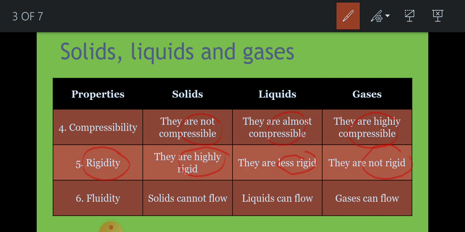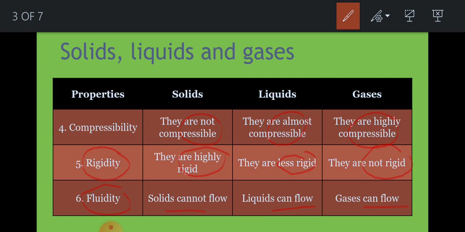Now the next property is fluidity. In case of solids, we generally see that solids cannot flow, but liquids and gases can flow. So what is fluidity? Fluidity is the property in which the molecules move in space. What type of space? Intermolecular space.